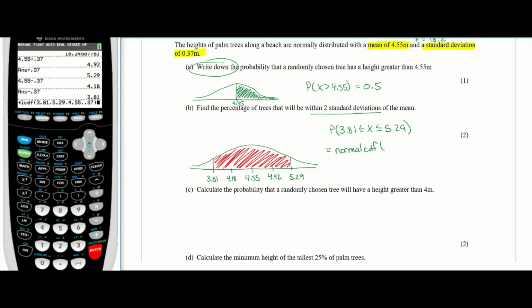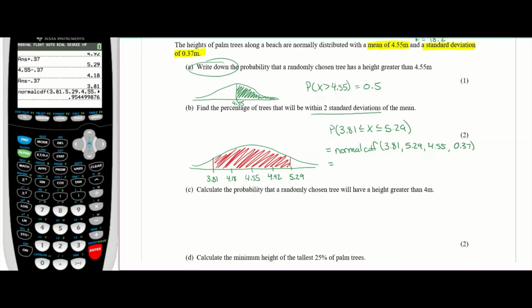When I put all that in, I'm going to write down all those values for my work, and then what I get is quite a large proportion of the data is within 2 standard deviations, which is not surprising.